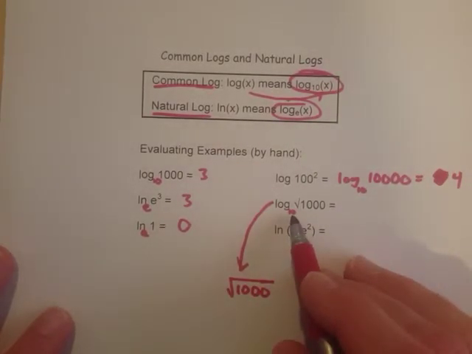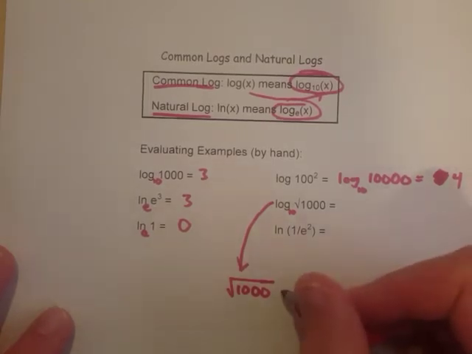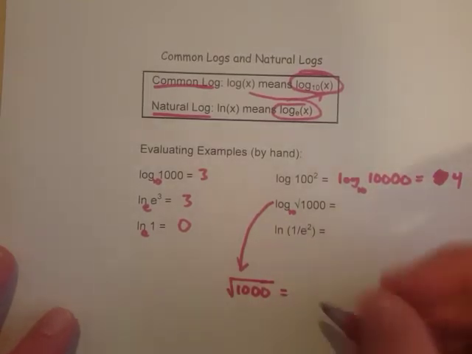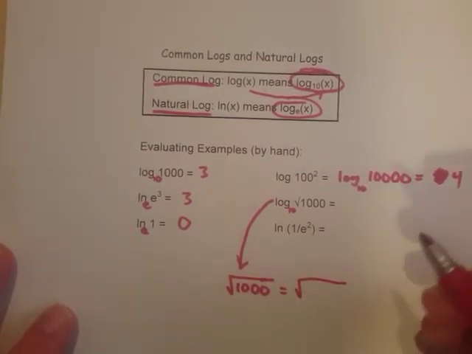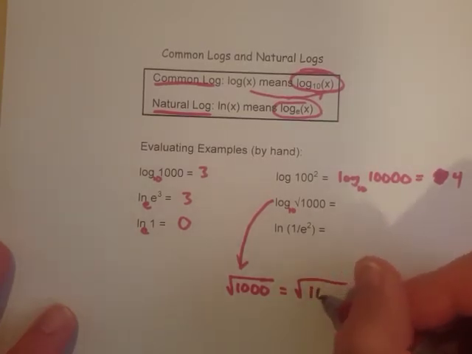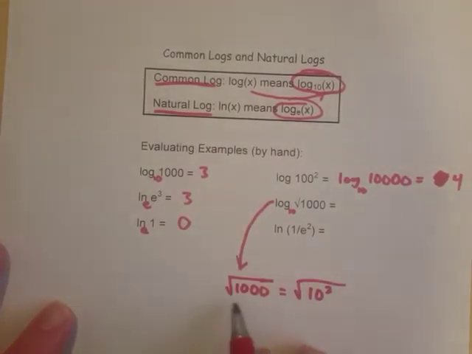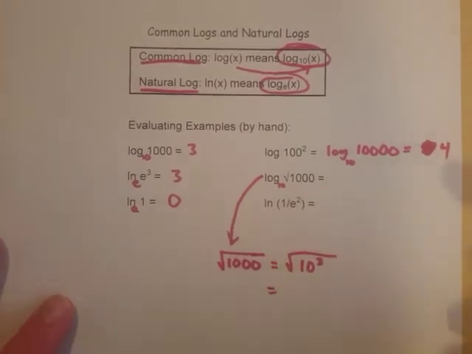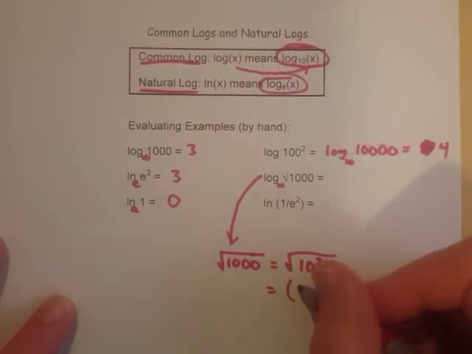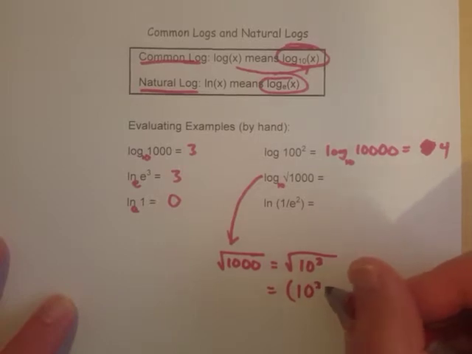Now, since we're dealing with a base of 10, one thing I like to do is change what's inside the square root to just be 10 to whatever power. So 10 to the third is the same thing as 1,000. So now I've got square root of 10 to the third. But if you'll remember, square root is the same thing as a 1/2 exponent. So this is like saying 10 to the third to the 1/2.